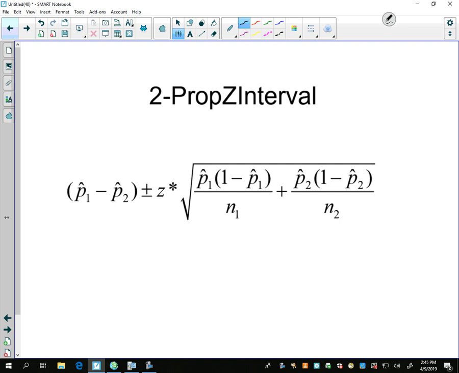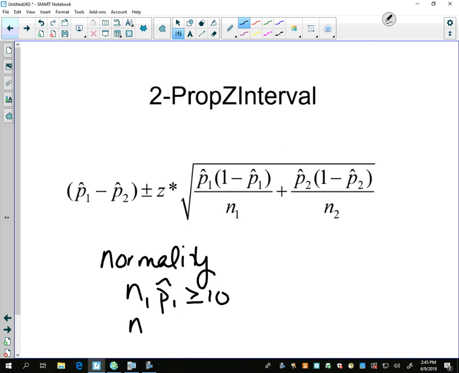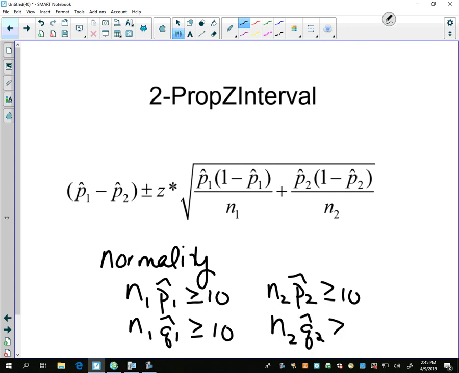So here you can see that the normality will also be that n1 times p hat 1 is greater than or equal to 10, and n1 times q hat 1 is greater than or equal to 10. But you have two samples, so we also have to include n2 times p hat 2 is greater than or equal to 10, and n2 times q hat 2 is greater than or equal to 10.